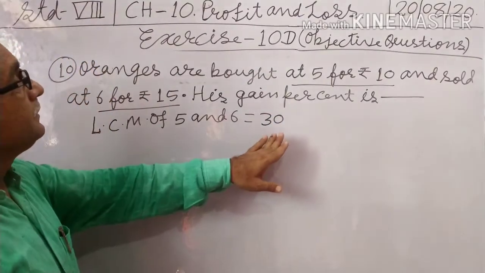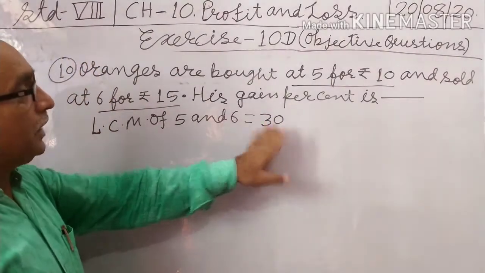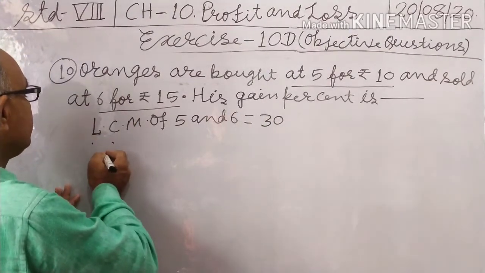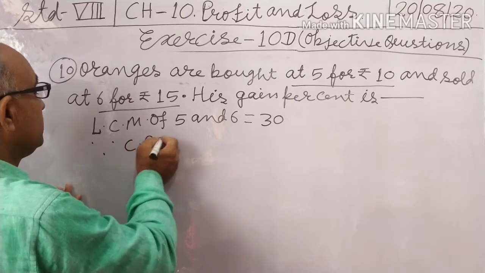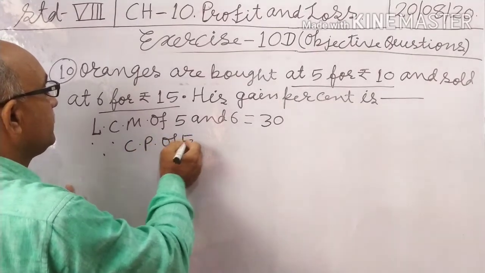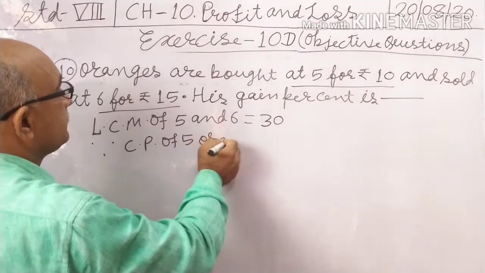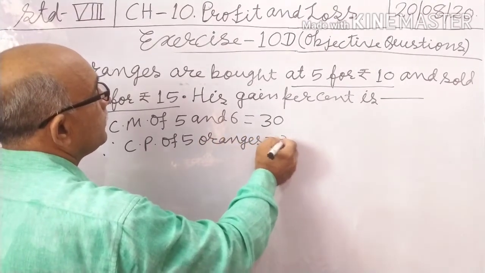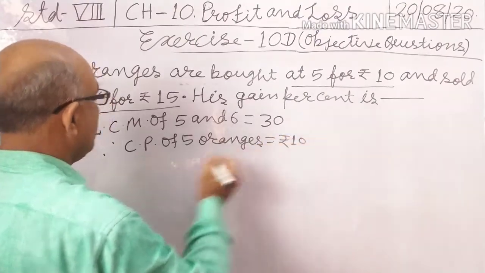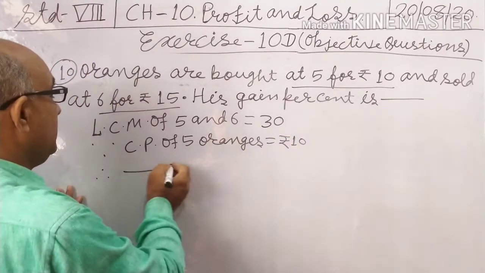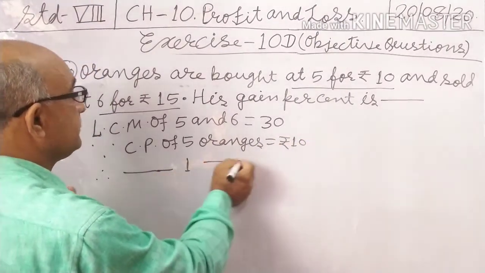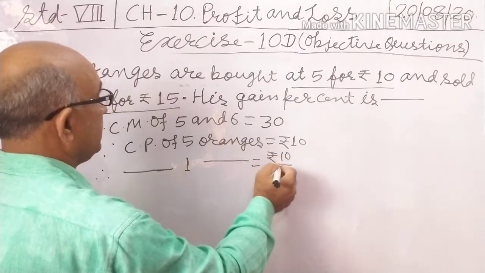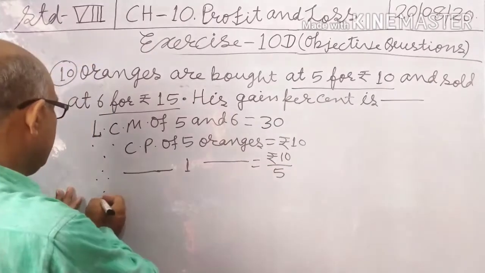Now find CP and SP of 30 oranges. Since CP of 5 oranges equal to rupees 10, therefore CP of 1 orange equal to rupees 10 by 5.